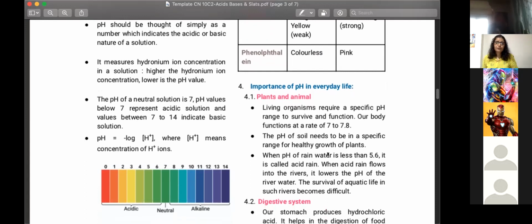Neki is asking, what about urine? Urine is mainly around neutral, but it will keep changing depending on how your body is. For example, if your liver doesn't work properly, then the bile is secreted, and that's why when someone gets jaundice, their skin becomes yellowish and your eyes have a yellowish tinge.